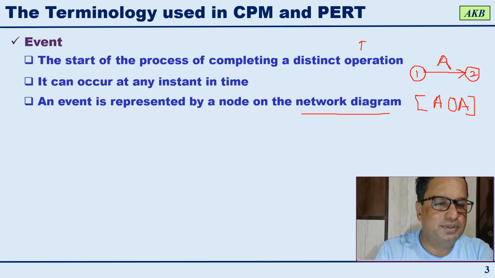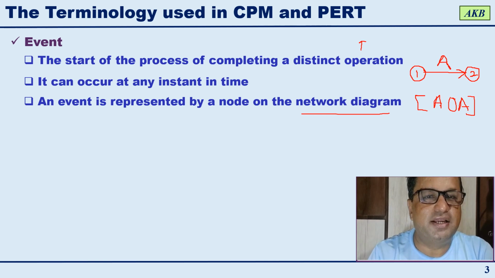So on this simple AOA diagram, where we have represented activity A on the arrow, node 1 represents the start event for that activity, and node 2 represents the end event for activity A.